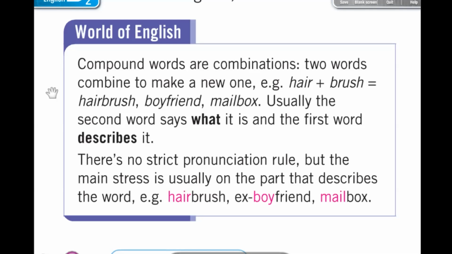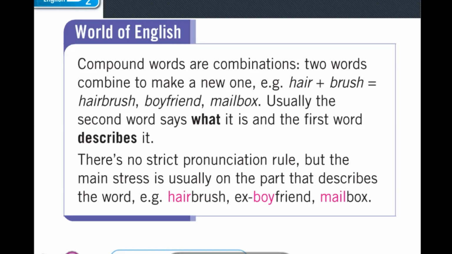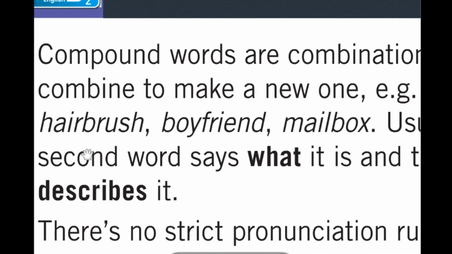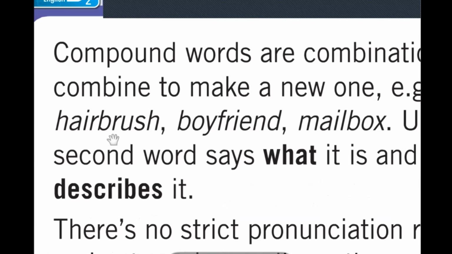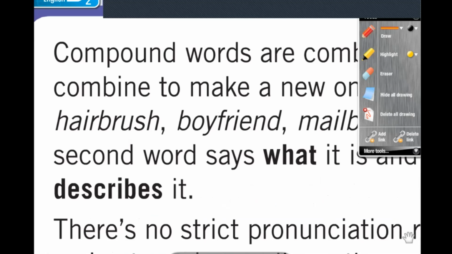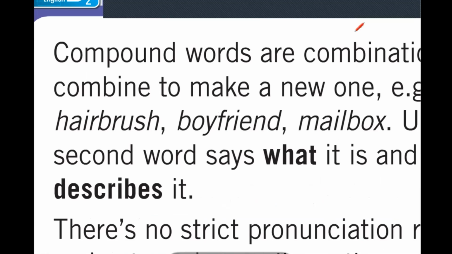This is what I explained one of these days. Most of the time, 80 or 90% of the times, the second word in the compound noun is what the object is. It's a brush, it's a friend, and it's a box.